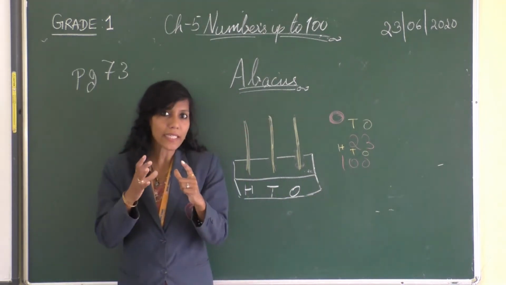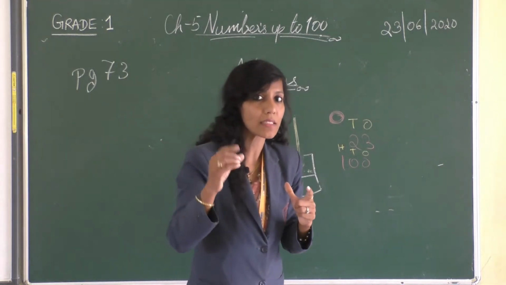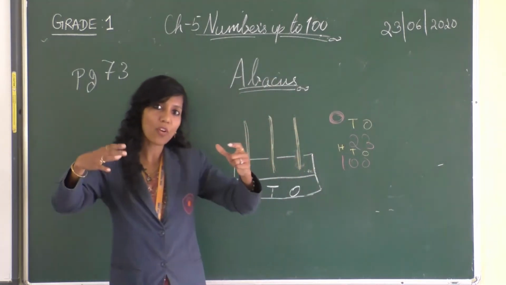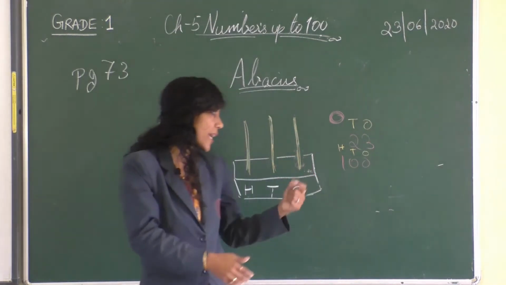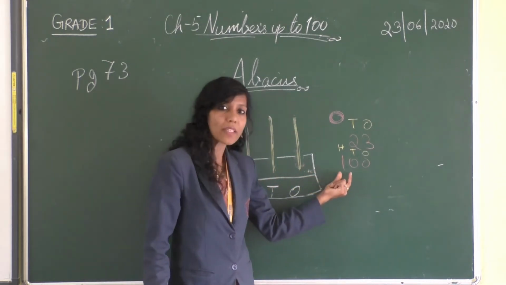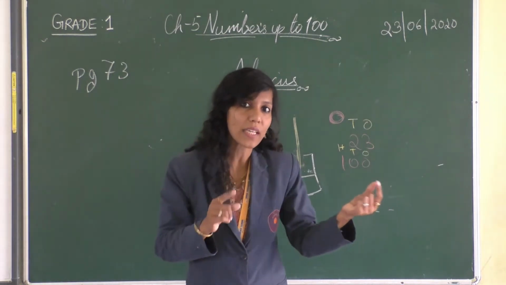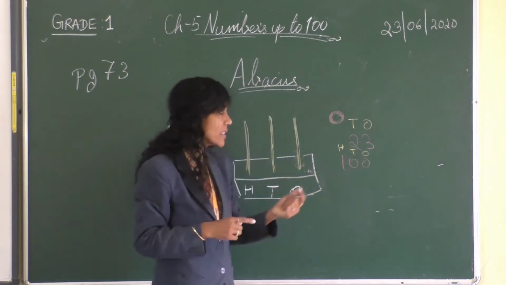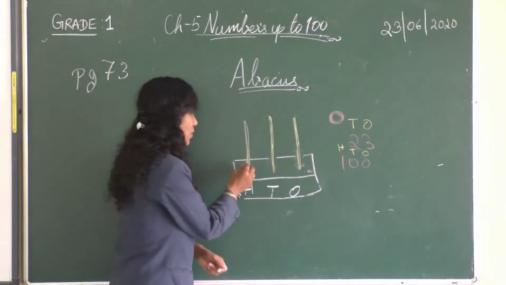We have 1 bundle of 100, the whole 1 bundle. 1 bundle of 100 contains 10 bundles of tens: 1, 2, 3, 4, 5, 6, 7, 8, 9, 10. 10 bundles of tens coming together make 1 bundle of 100. And 1 bundle of tens will contain 10 ones. So here you have 100 ones.